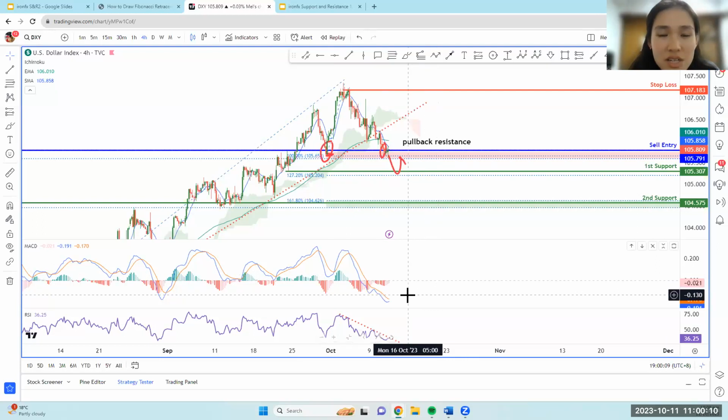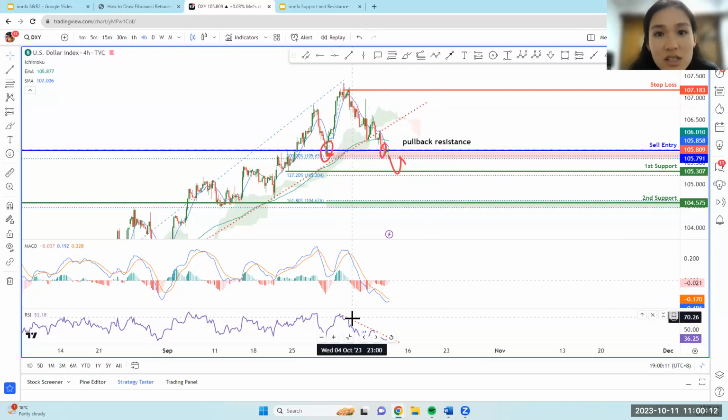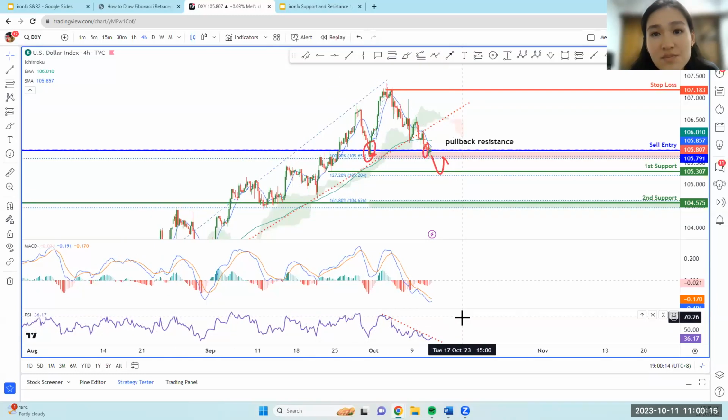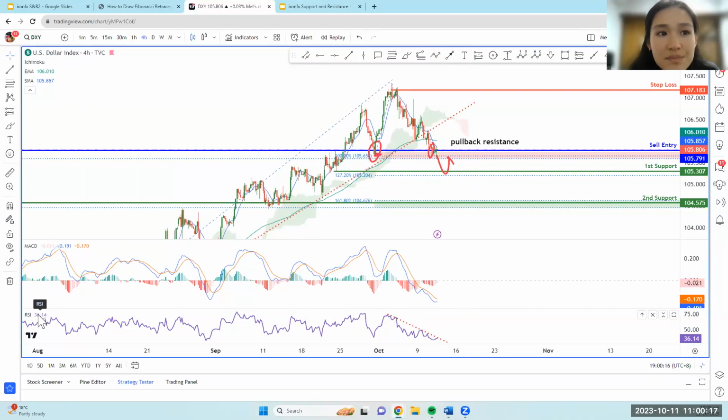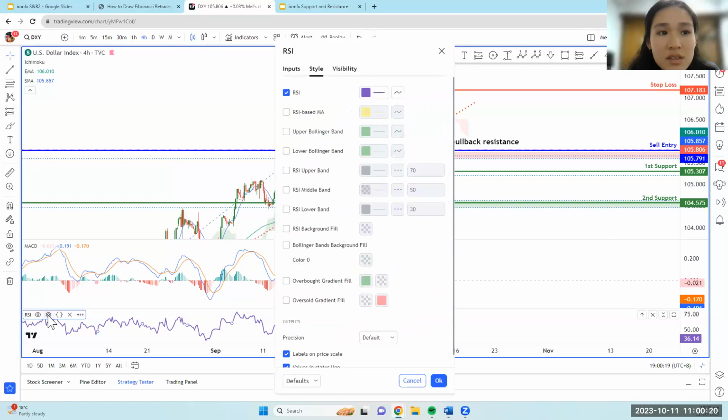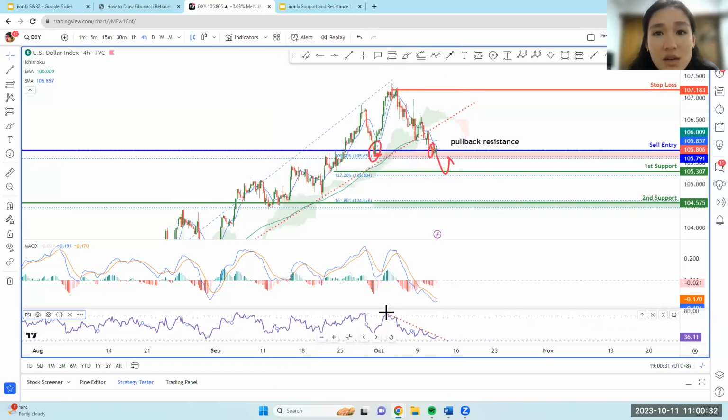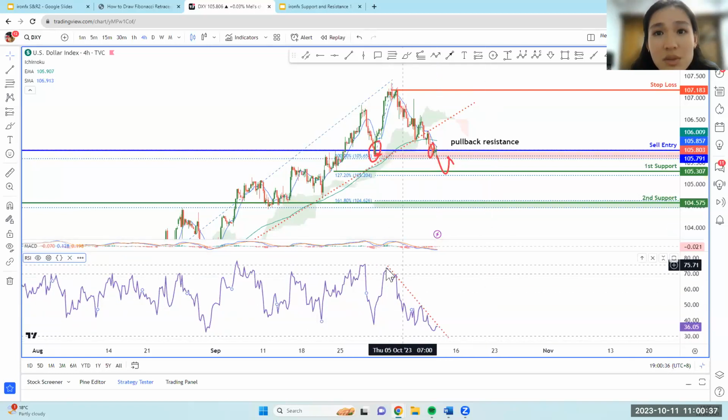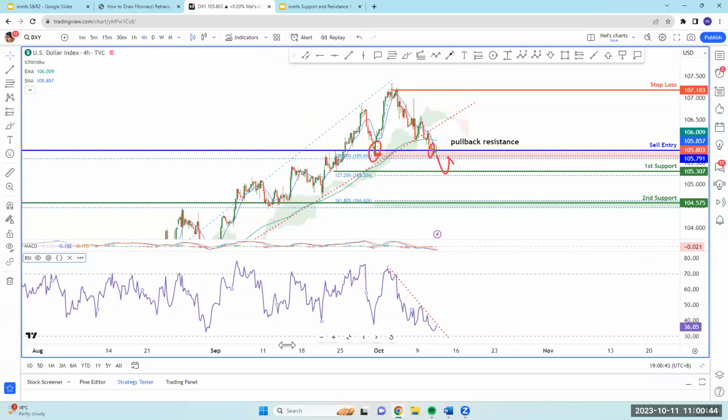There are a lot of ways to use the RSI. Here I'm just looking for a trend line. You can also enable the upper and lower lines, the upper and middle bands.